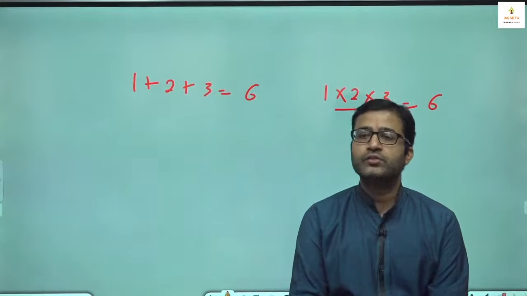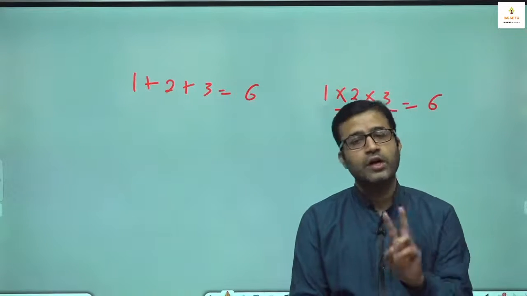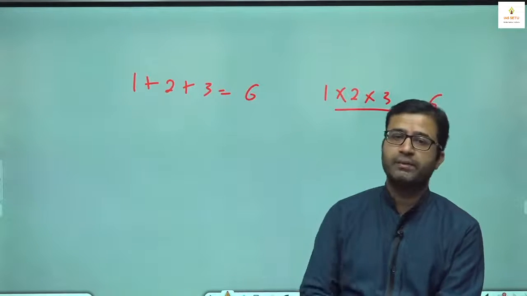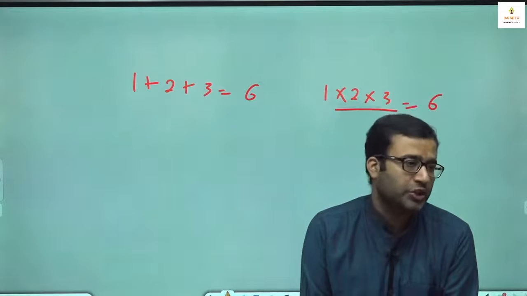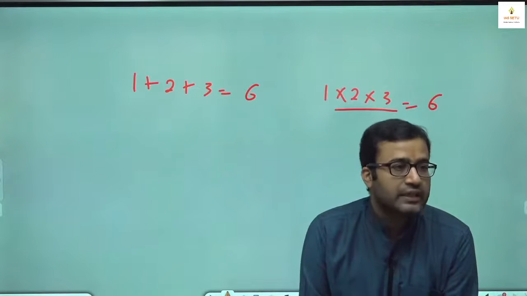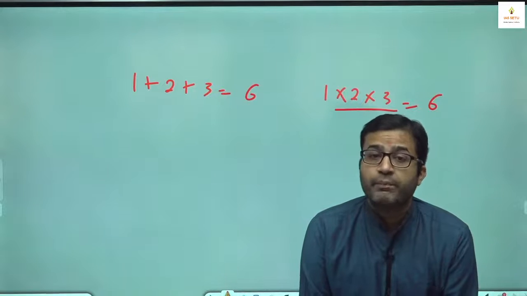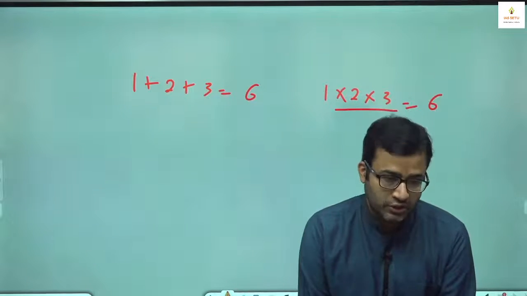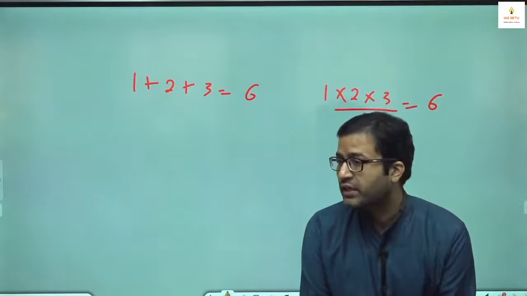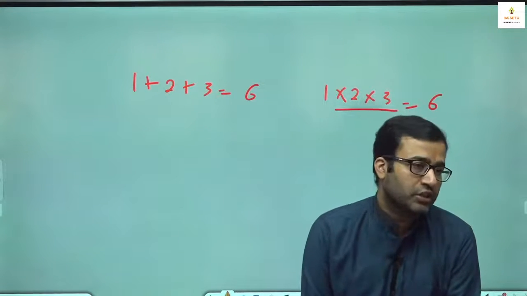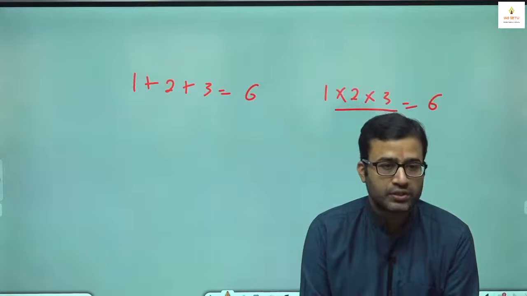But UPSC played a trick this time. UPSC has not asked natural numbers; UPSC asked pairs of integers, 3 integers where the sum of these 3 integers is equal to the product of these 3 integers. Think about this.